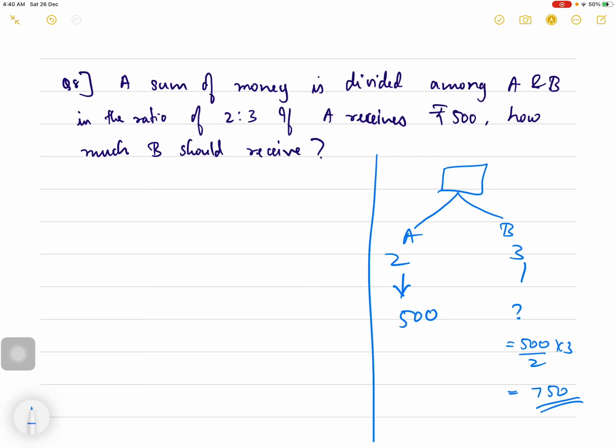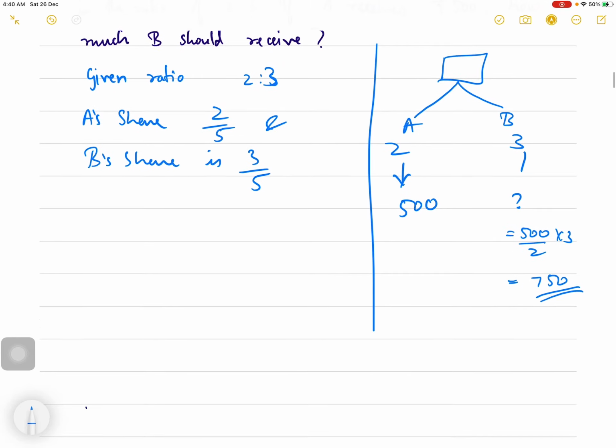So let's solve this. I mean, we have already solved. So given ratio, but how you will write in the exam? Given ratio is 2:3. So A's share is 2/5 and B's share is 3/5.